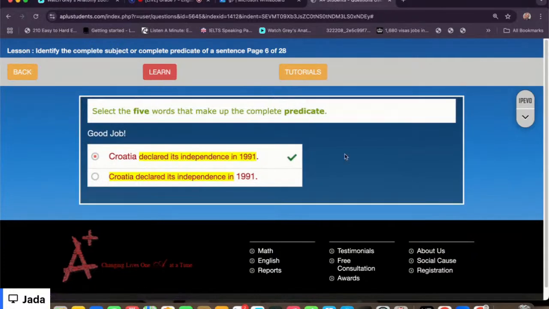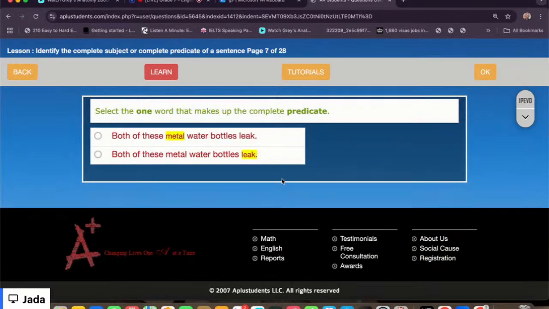The first one is the five words that make up the complete predicate. Both of these metal water bottles leak.